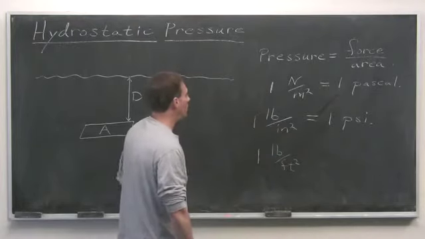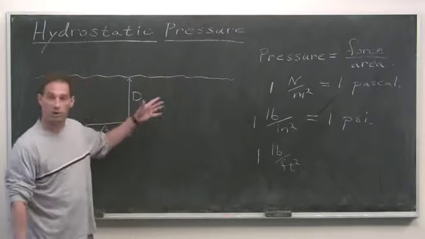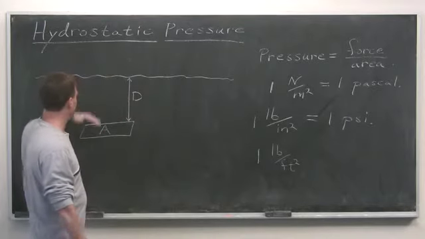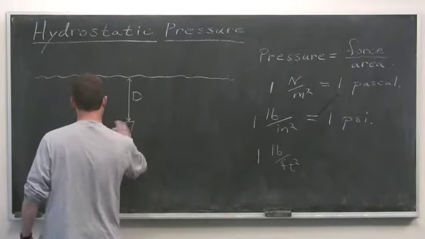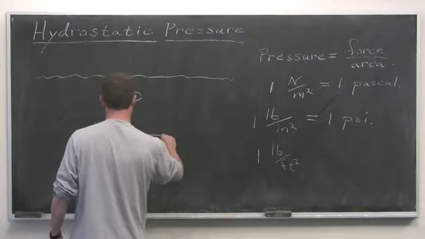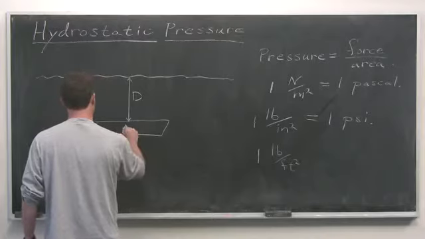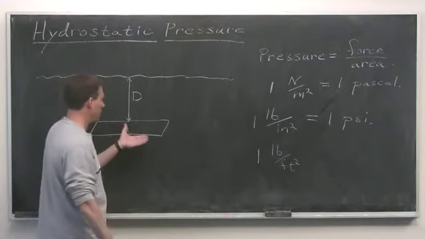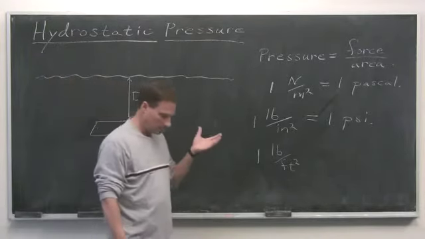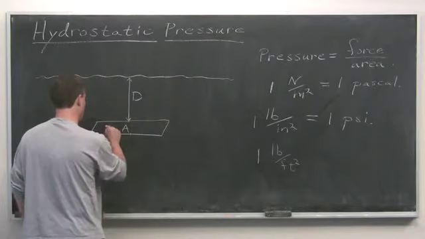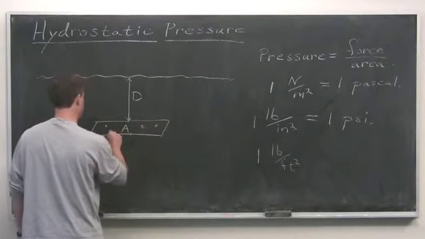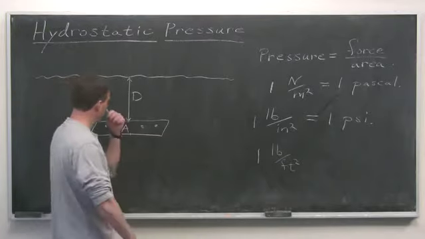So how much pressure in this simple situation, where here's some open body of water, and this is all meant to be at the same depth? I've got some surface with area A. How much pressure acts at each point on this exposed surface?